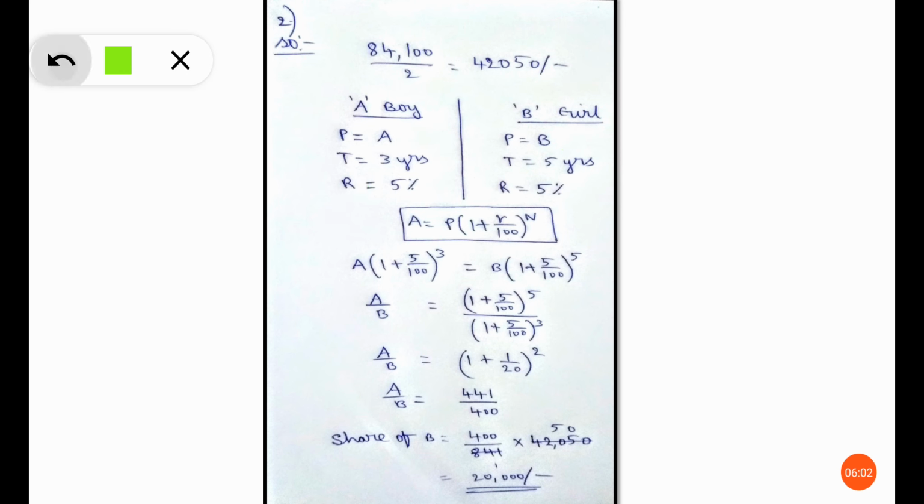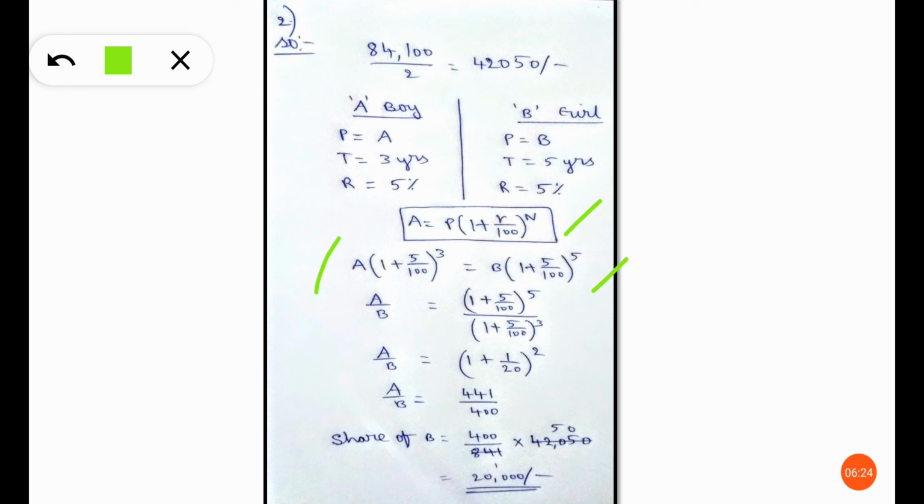In the question it was given that both the children receive the same amount when they attain 18 years of age. So this is the formula of amount. P into 1 plus R by 100 whole cube. P means A for boy A. A into 1 plus 5 by 100 whole cube. B into 1 plus 5 by 100 whole to the power of 5.